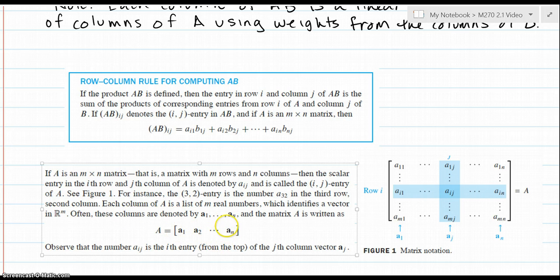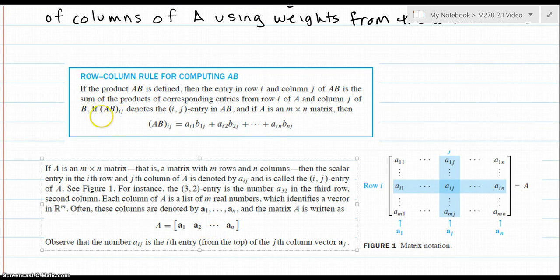Each column of A is a list of m real numbers. It identifies a vector of R^m. They're denoted this way. We've seen this before, but we're observing now that aij is the ith entry from the top in the jth column, vector aj.